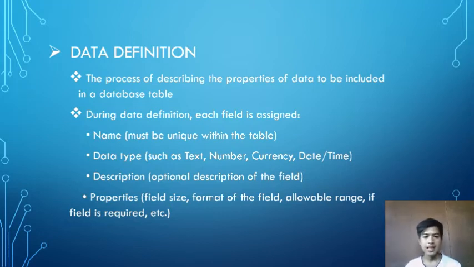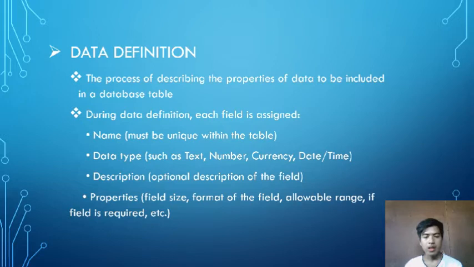Then the field is assigned a description, which is optional. Then the field is assigned properties: the size, format of the field, allowable range, whether the field is required, etc.